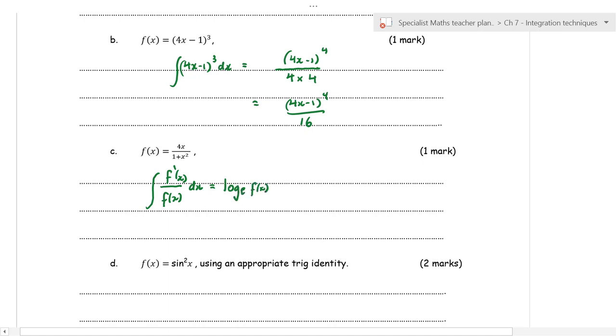What am I missing though, if I was to write it like that? The absolute value sign. The only time you can drop that is if you can justify.